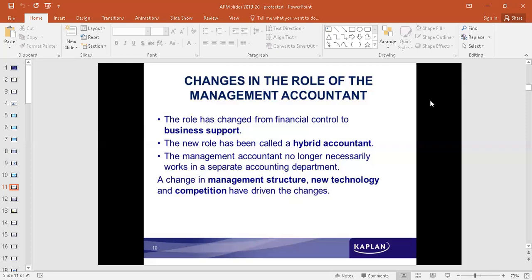The expectation from a management accountant is that he should be aware of what the management structure is, what the technological changes taking place are, and awareness about all these things. What are the competitive strategies of the competitors and how to face them? The management accountant should be well versed with multiple things and should be able to do multiple things.